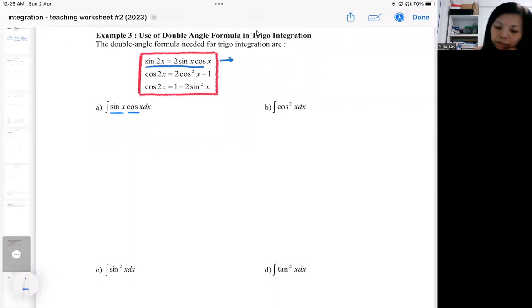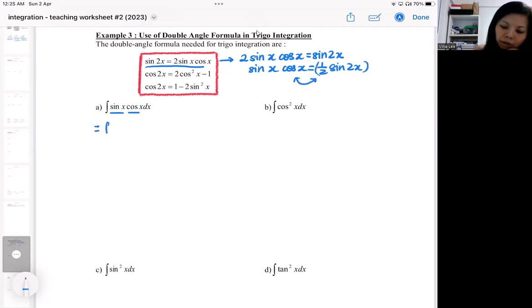So if I twist from this double angle, you think of it this way, 2 sine x cosine x is sine 2x. Then you divide the 2 over. So when you divide the 2 over, it gave you the equivalent formula.